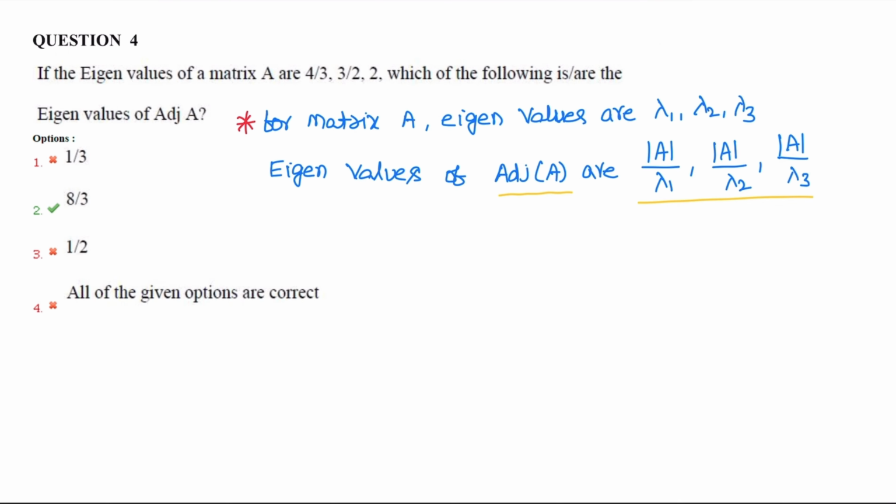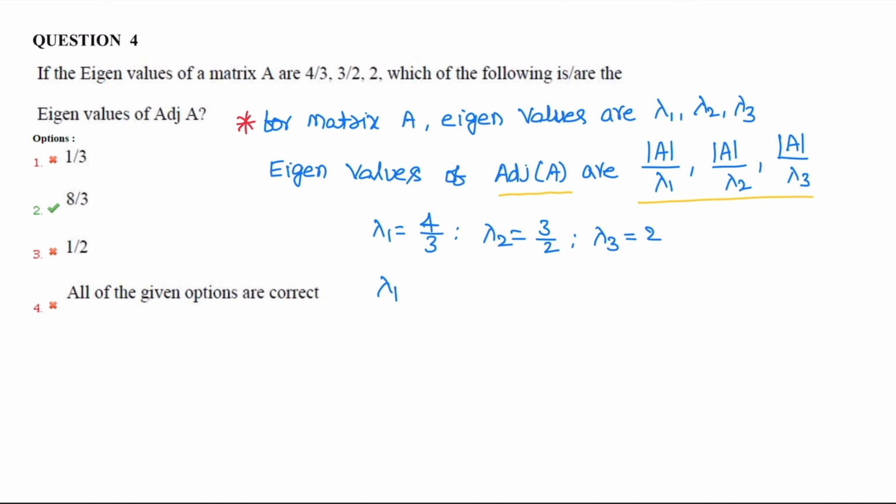Here 3 eigenvalues are given: lambda 1 is 4 by 3, lambda 2 is 3 by 2, and lambda 3 is 2.